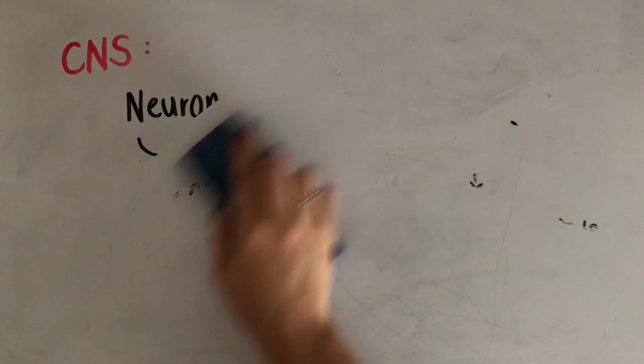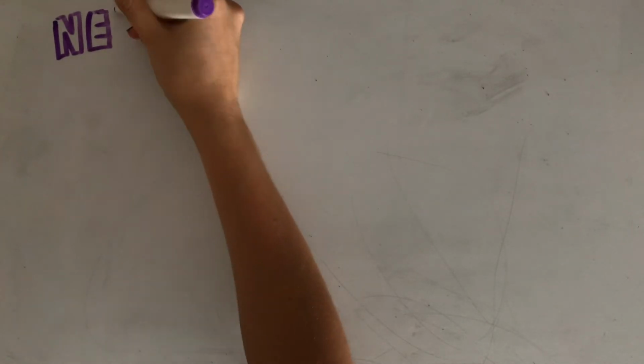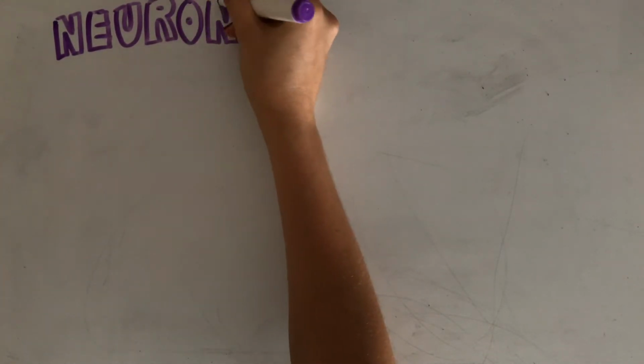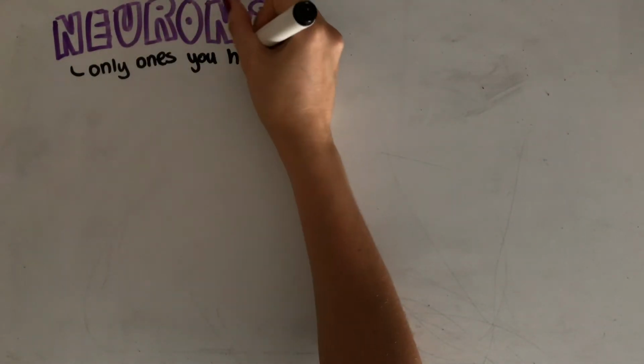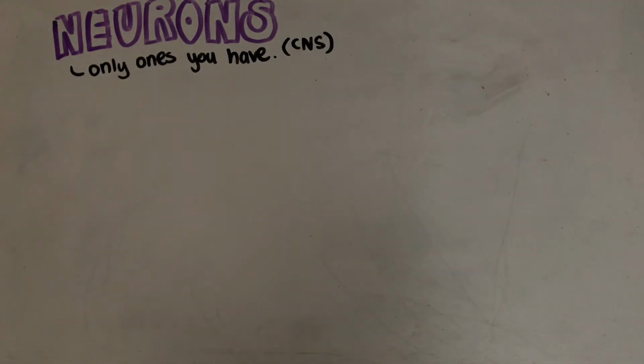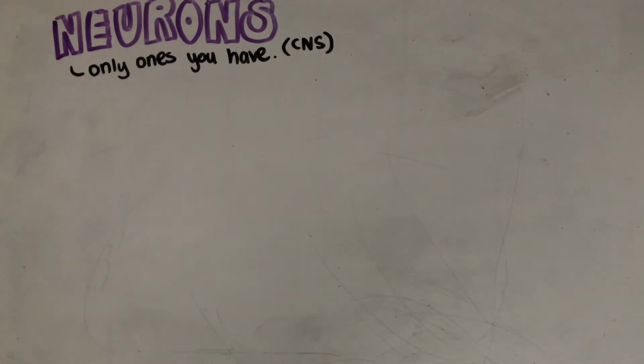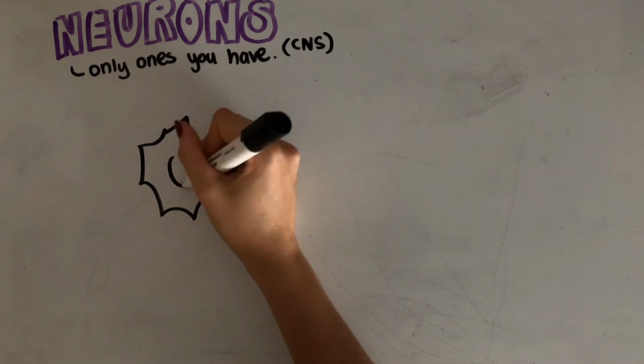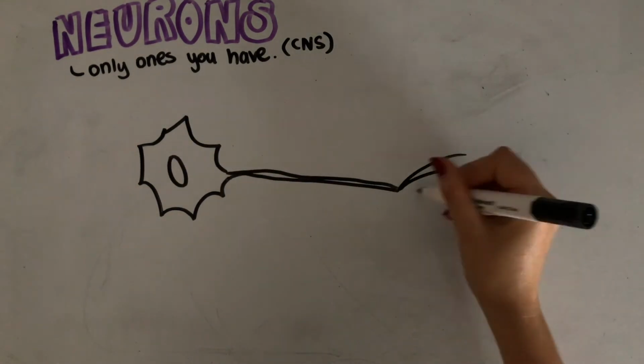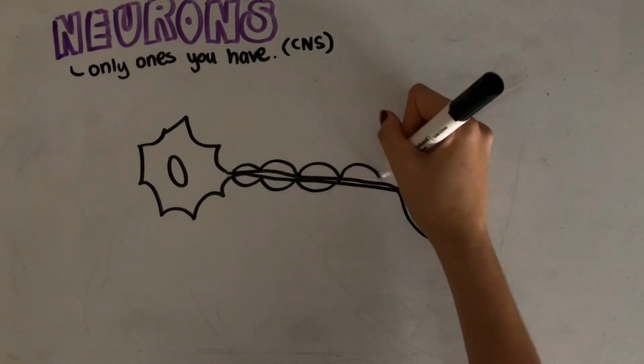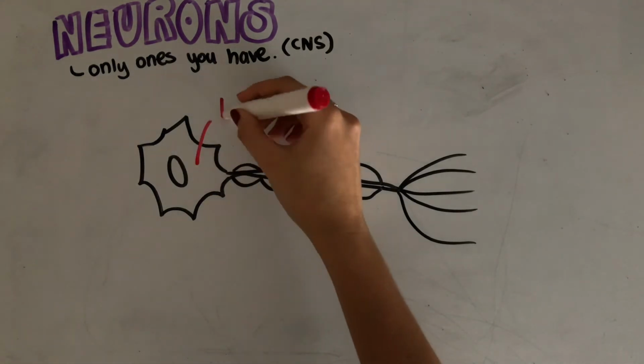So, just to recap on neurons quickly and the structure of neurons, I'm not sure how much you've done on neurons before, how much they've covered, but if you want me to do a more in-depth video, I can. But basically, in the central nervous system, the neurons are the only ones that you have. And the general structure that you see are these like weird little jellyfish people. So you've got your dendrite, which I think of as the head, and this is where the messages are received.